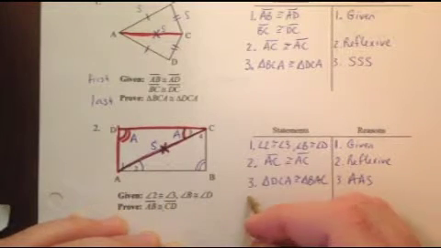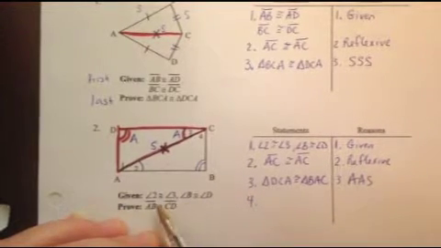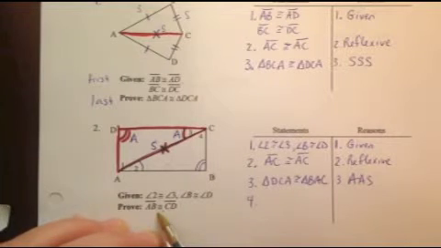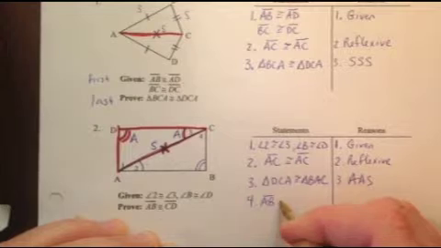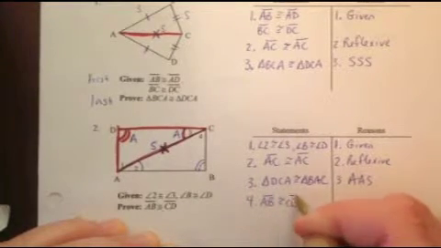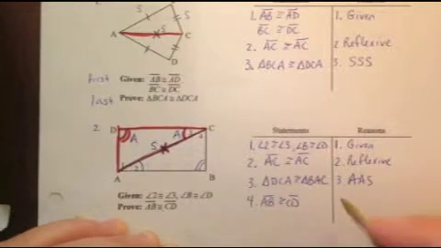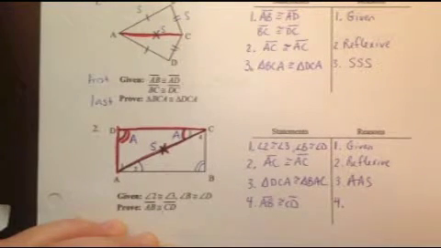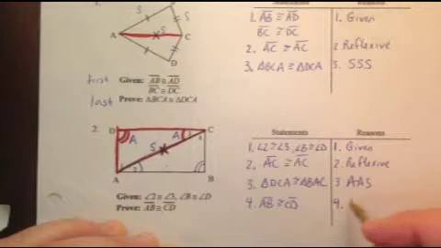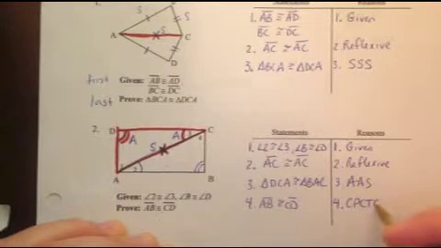If the triangles are congruent, then the corresponding parts have to be congruent. So now we can say segment AB is congruent to segment CD. And that's by a rule that we have. It's called corresponding parts of congruent triangles are congruent, or what we say, CPCTC.